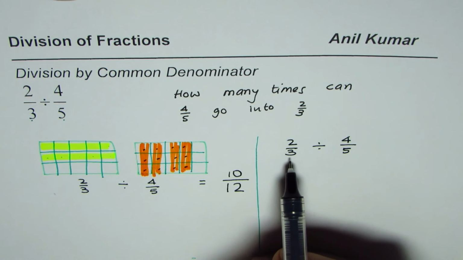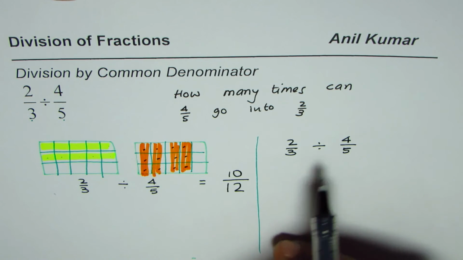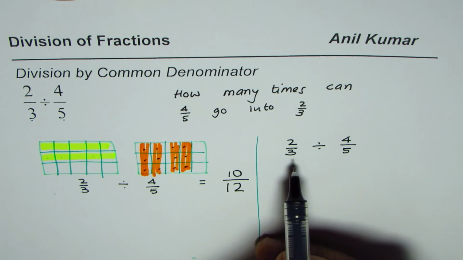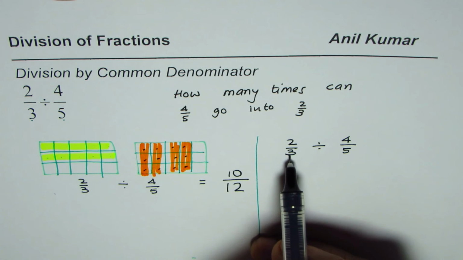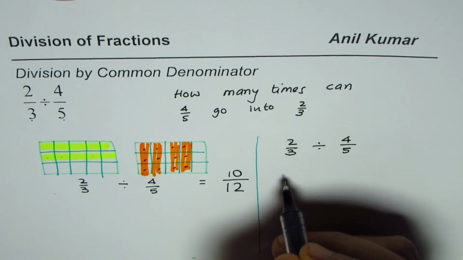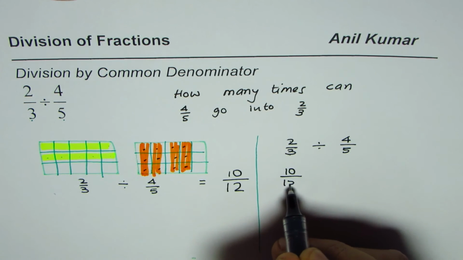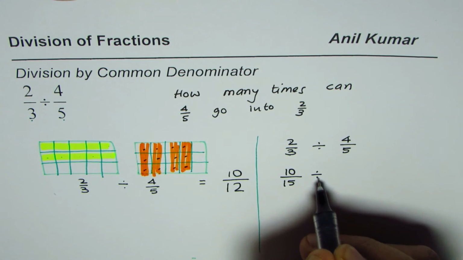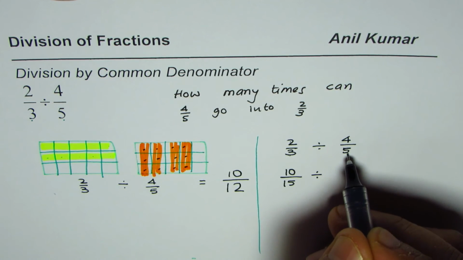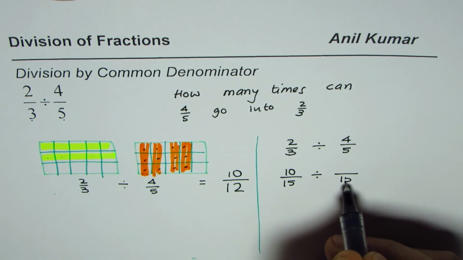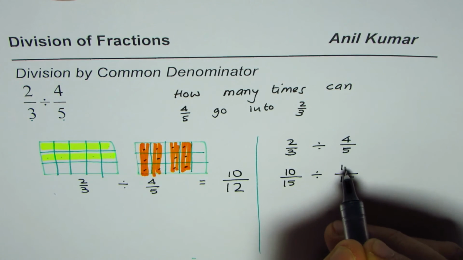Now, to get the common denominator, what should we do? We should multiply these with 5. So 5 times 2 is 10. 3 times 5 is 15, divided by 4 times 3. We have to make it 15, right? Common denominator is 15. 4 times 3 is 12.